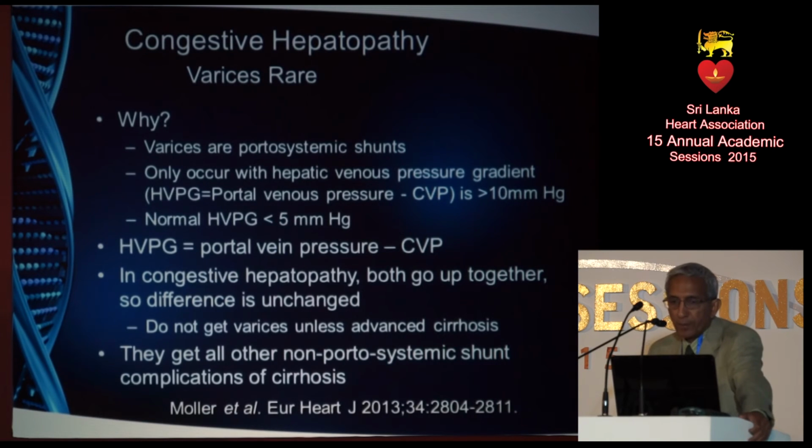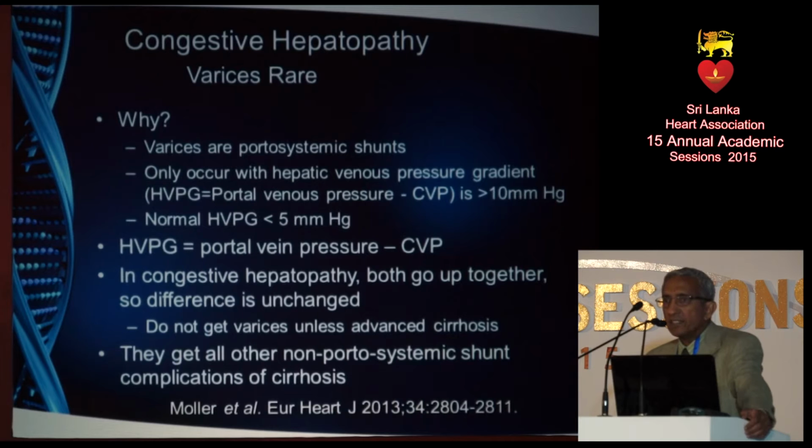In congestive hepatopathy, varices tend to be generally rare. That is because varices are portosystemic shunts, and they only occur when the hepatic venous pressure gradient, which is basically the portal venous pressure minus the CVP, is greater than 10 millimeters. In congestive hepatopathy, both go up together, so as a result, the gradient is not higher.